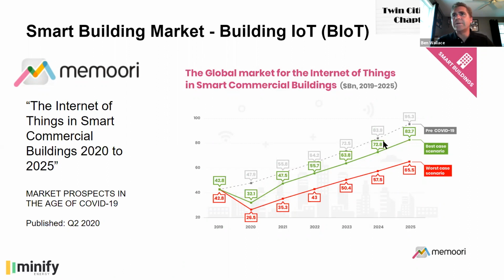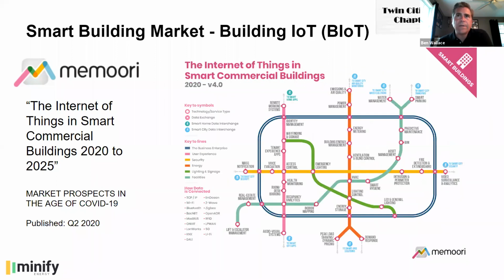And as you can see, there was a pre-COVID growth trend, and then there's the best case and worst case scenario here that pretty much has dipped through 2021 and then returns to the pace of growth from 2022 onward. But definitely lower numbers overall than originally projected. But I thought that might be interesting for everyone to see some updated stats on projected growth for BIoT.